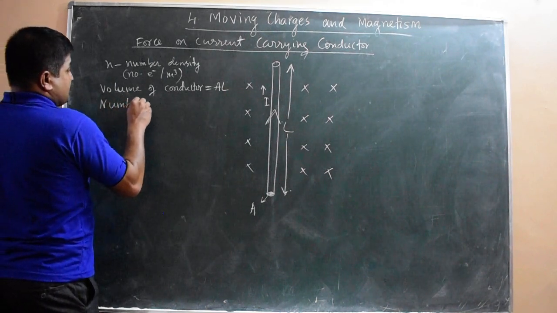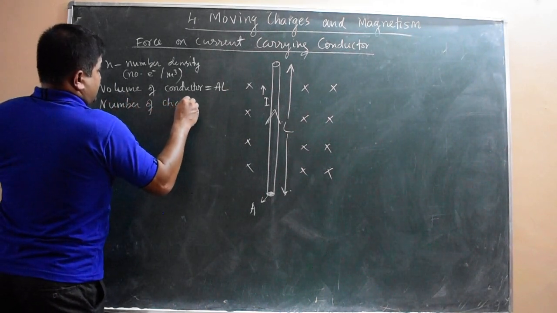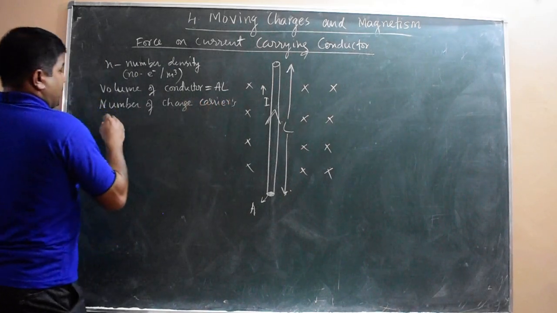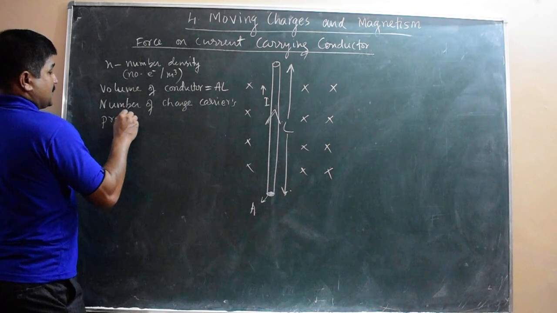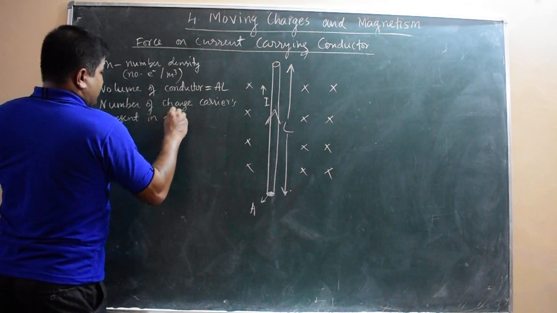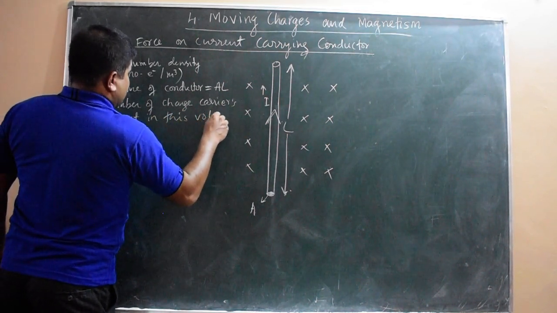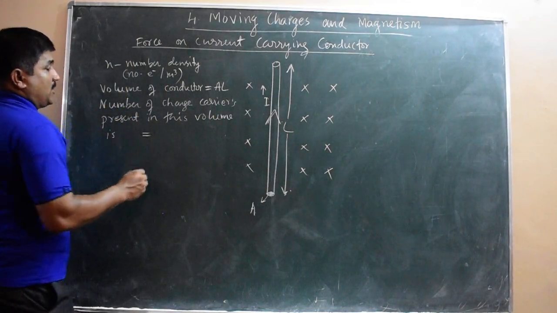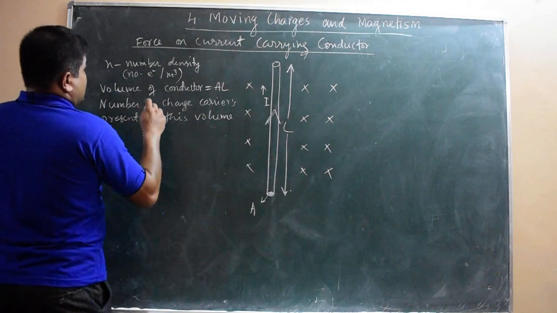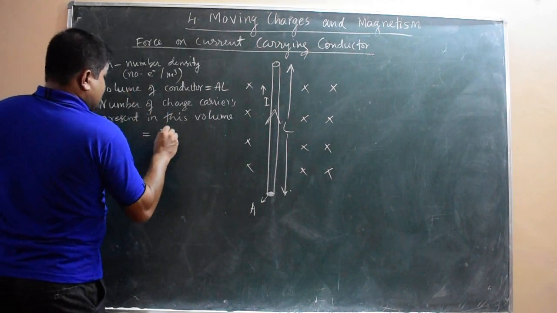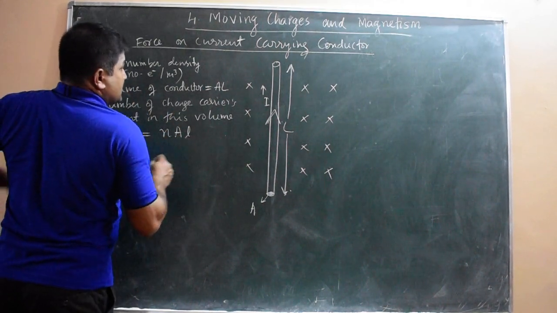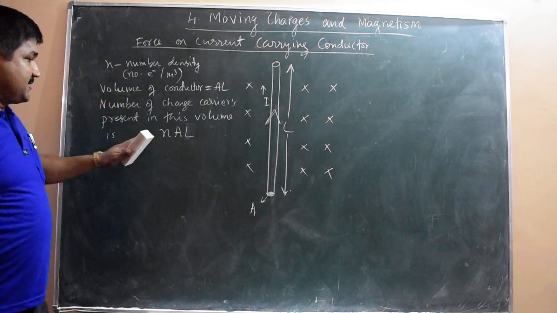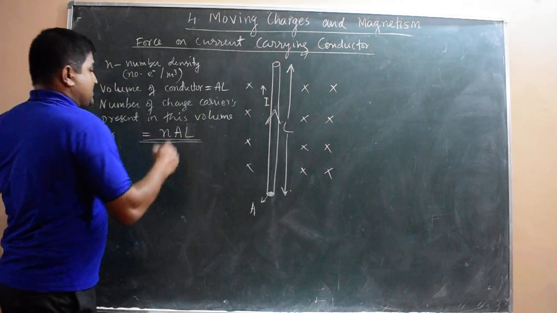Number of charge carriers present in this volume is number density into volume, so N A L. This is the number of charge carriers present.